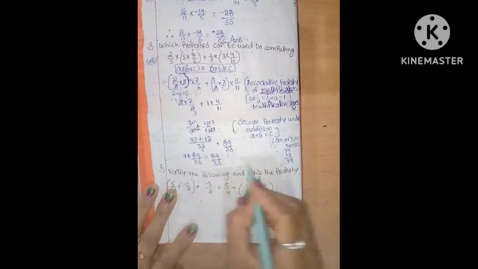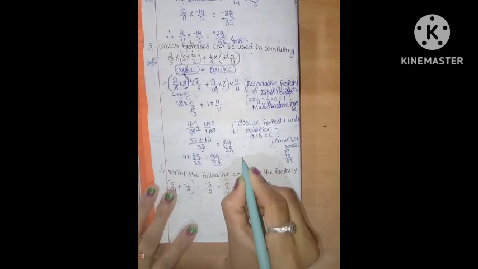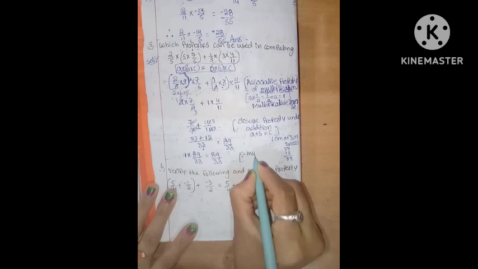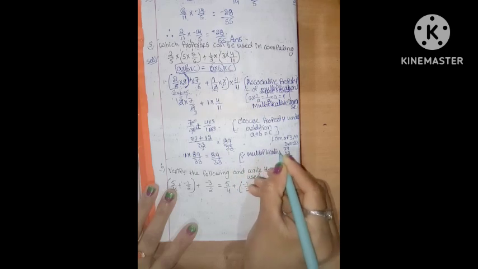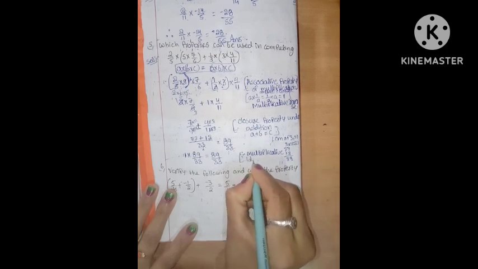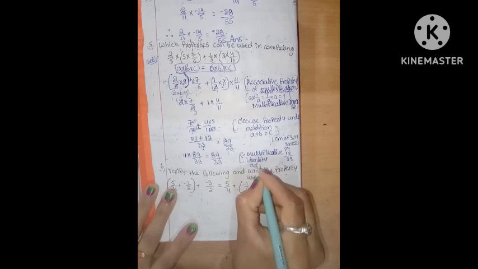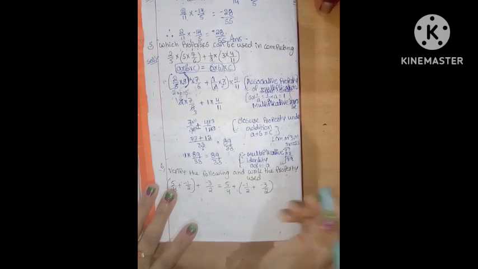That is also the multiplicative inverse. What other property are we using here? The multiplicative identity. Do you know the multiplicative identity property? A cross 1 equal to A. It gives the same term only.